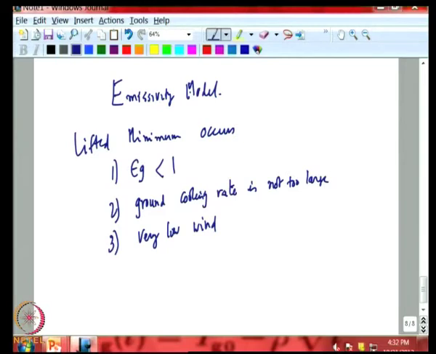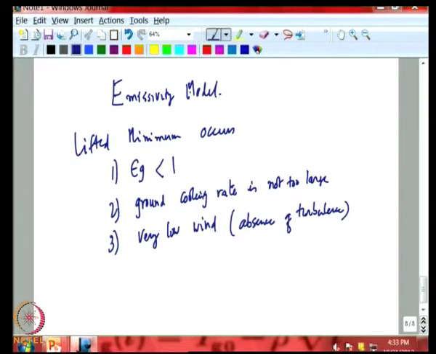If you take a stick and just wave it in front of you, the minimum will disappear, because the minimum can occur only in the absence of turbulence. So, even the slightest amount of turbulence will mix the layers up and remove the minimum.